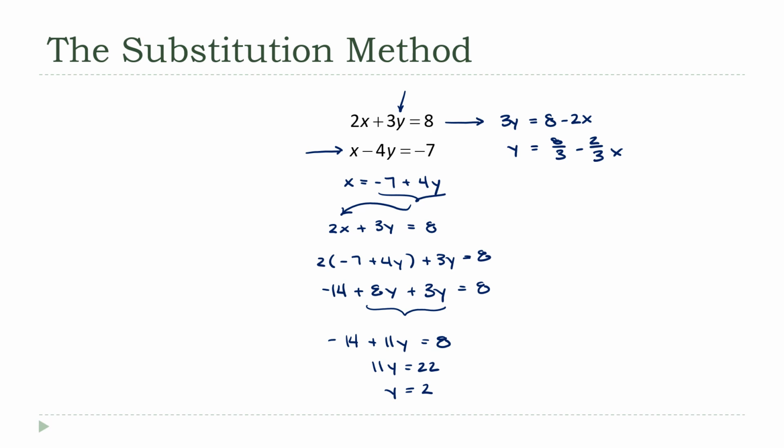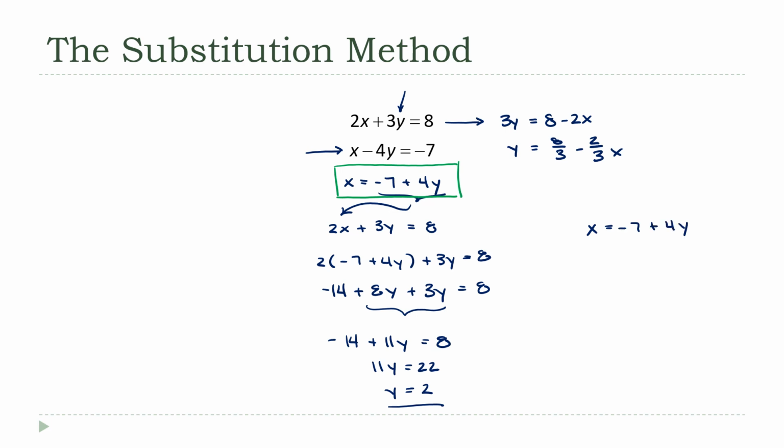You've got to find the x value. When you're using this substitution method, you're always going to have this equation here where you solved it for the other variable. So that's always the one that I'm going to go back to and drop the one value that I found into, to find the other one. So this is x equals negative 7 plus 4y.